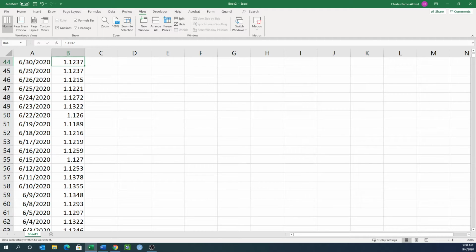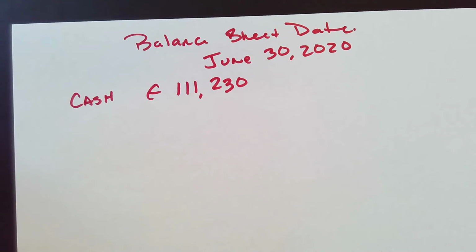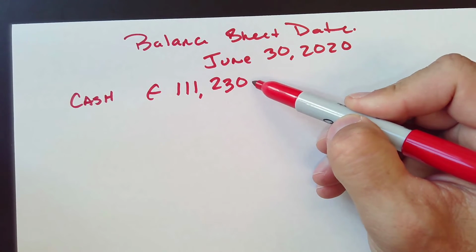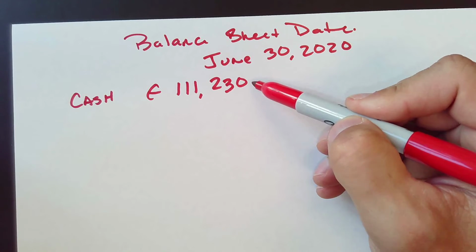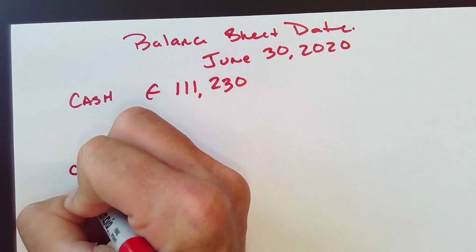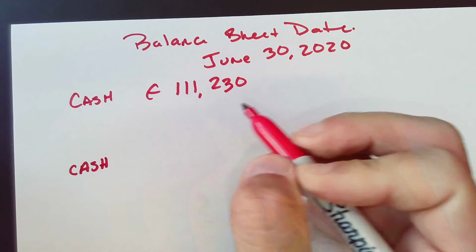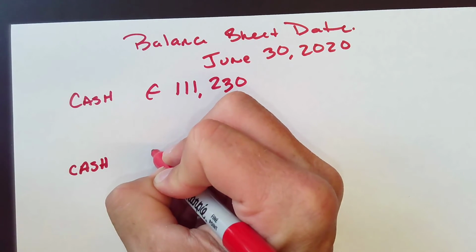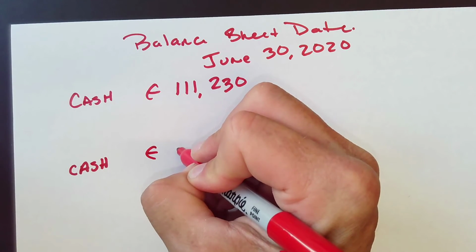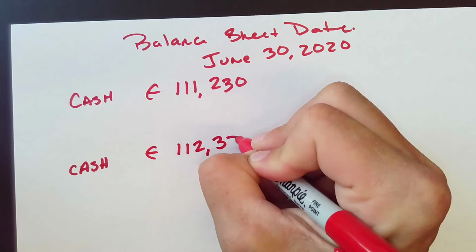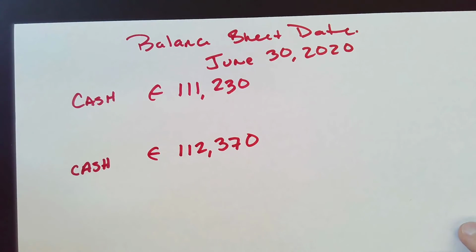I know that I have to revalue this 111,230. It now has to be recorded in the functional currency as of this date. So the cash value of this now has to be 112,370.